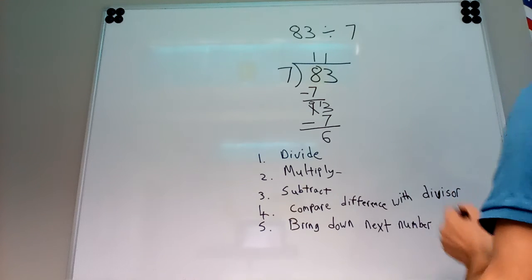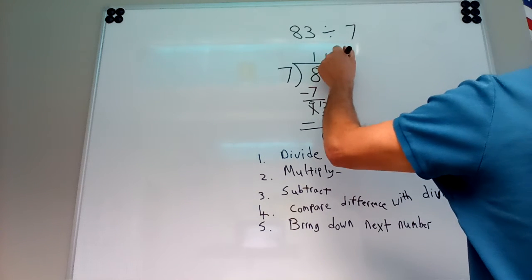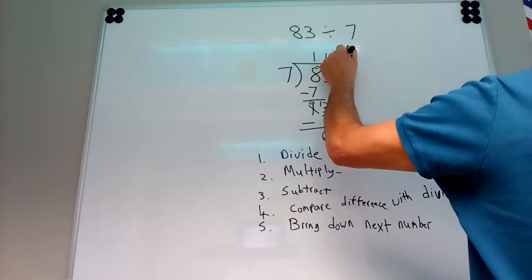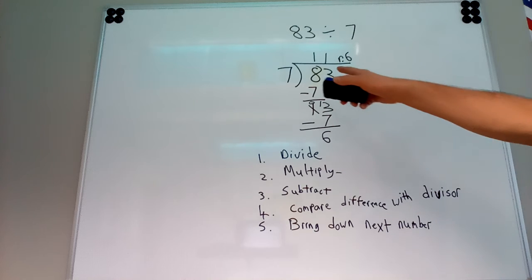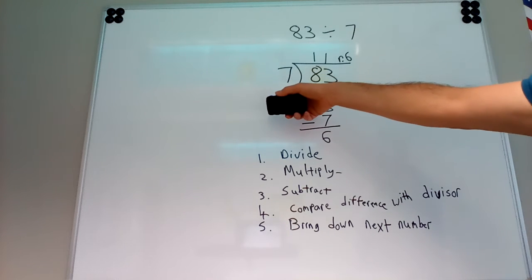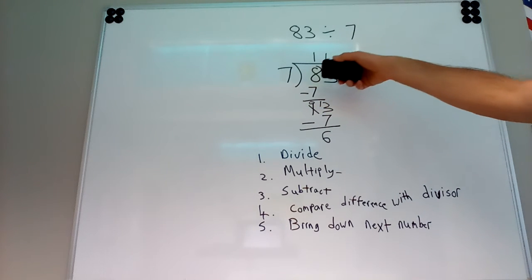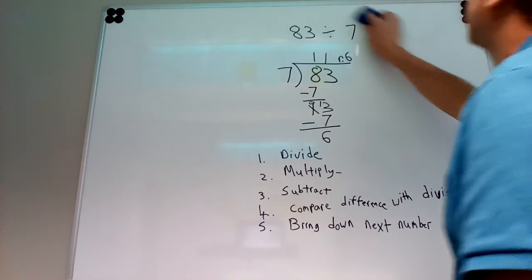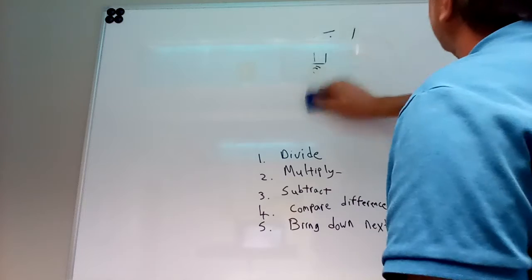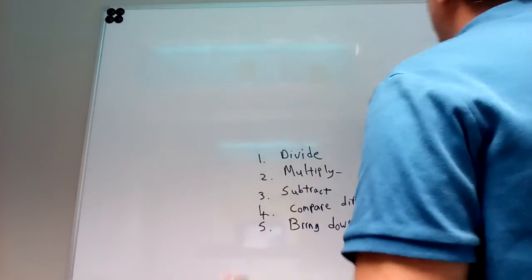So this is just called my remainder. What I do is I just put an R here, and I put a 6. So the answer to this problem, 83 divided by 7, is 11 with a remainder of 6. Let's do another one like that, and then I'll show you how to check these.